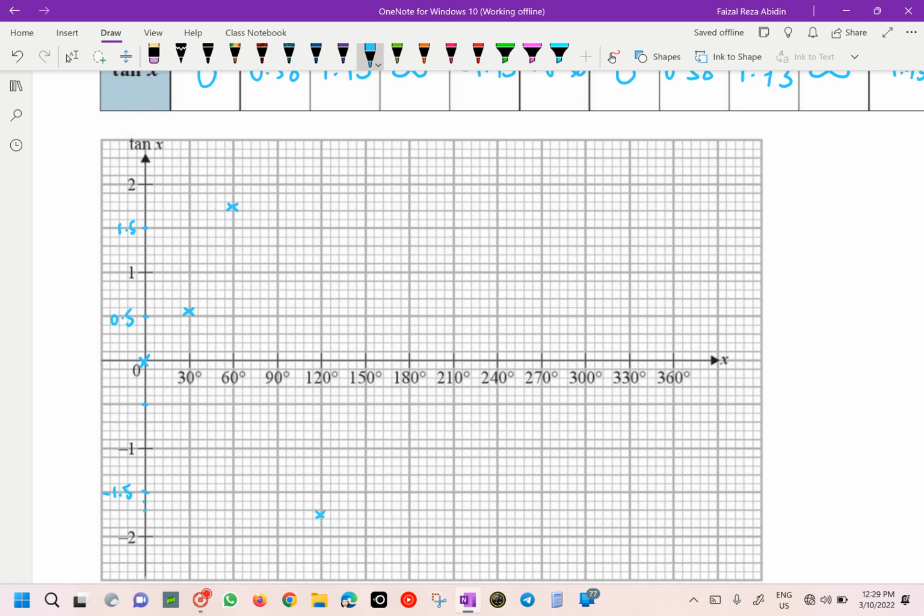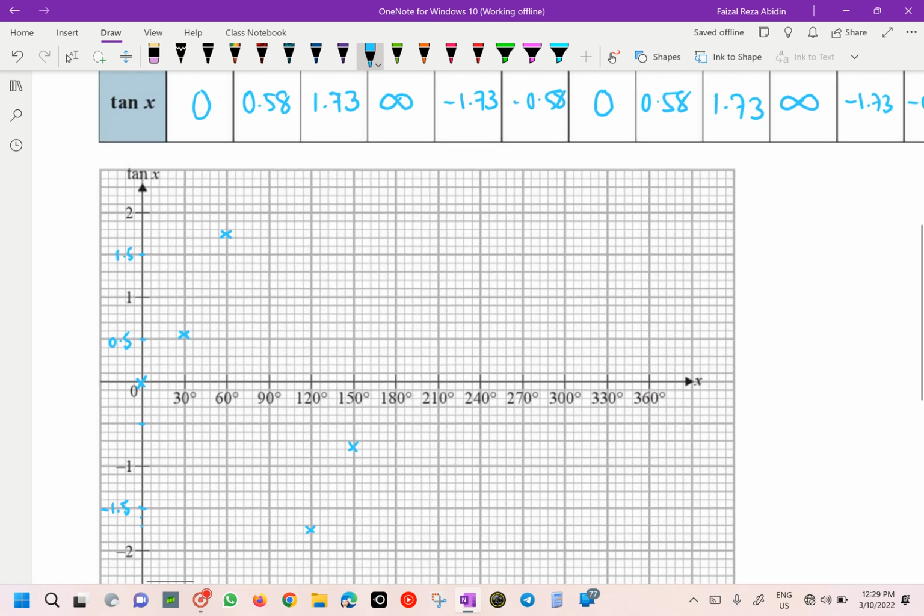150, we are going to get negative 0.58. And after that, 180, we are going to get 0 back. 210, you are going to get 0.58 back. 240, we are going to have 1.73 here.